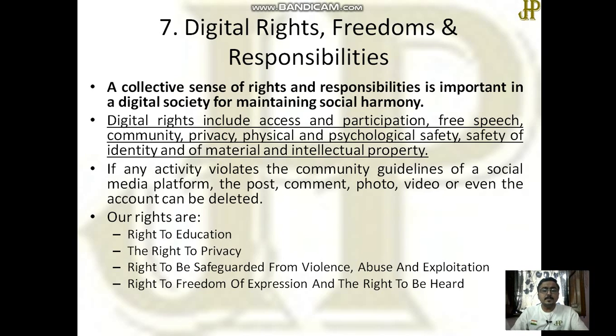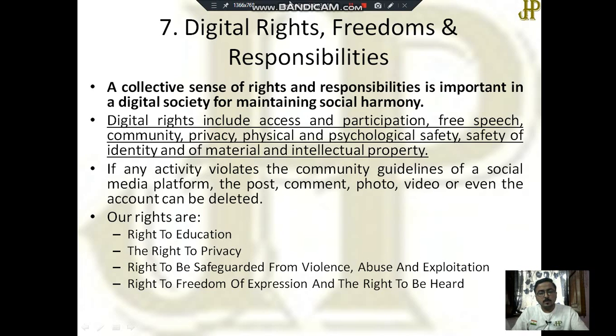The next one is digital rights, freedom and responsibilities. A collective sense of rights and responsibilities is important in a digital society for maintaining social harmony.